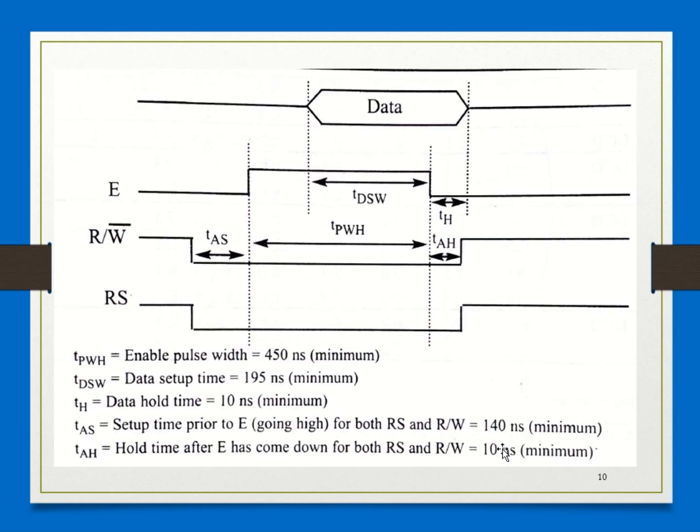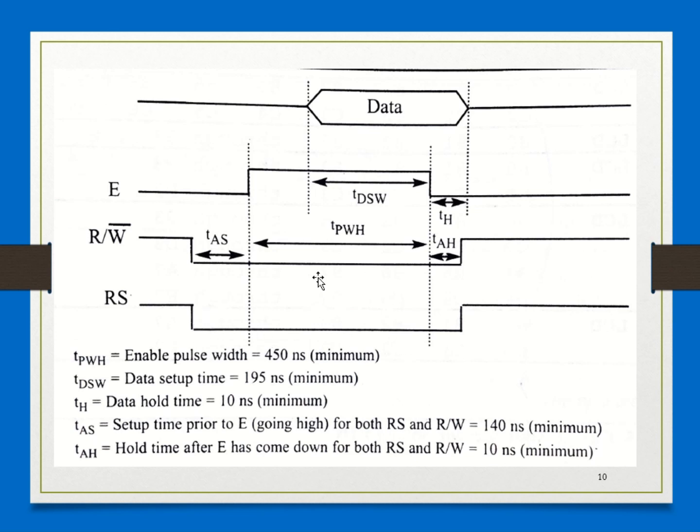Whereas for the write operation, when you're sending information to the LCD, R/W bar, obviously, has to be made 0 to indicate that you are writing onto the LCD. RS is 0 now. That means you are sending some command to the command register.